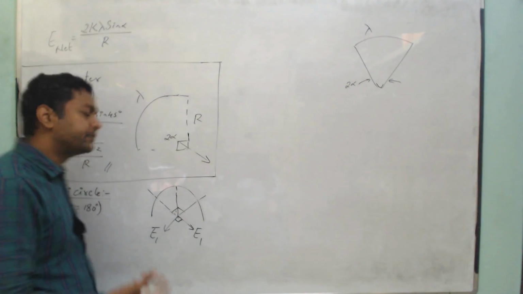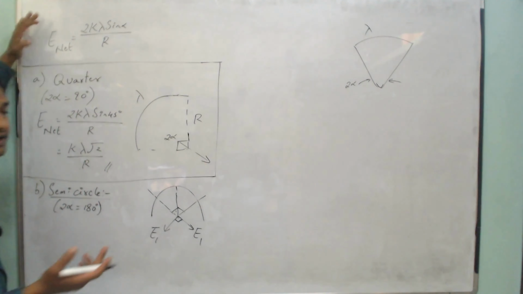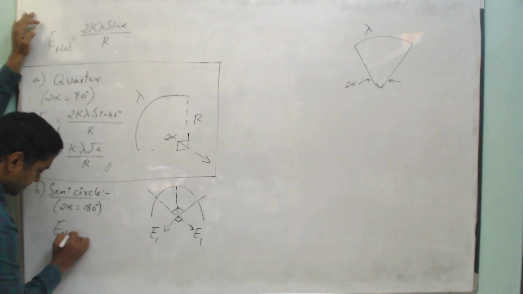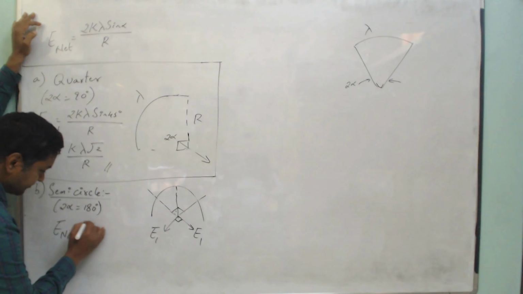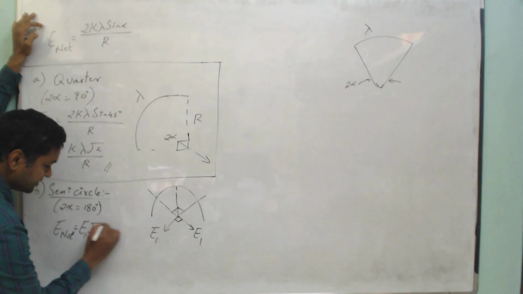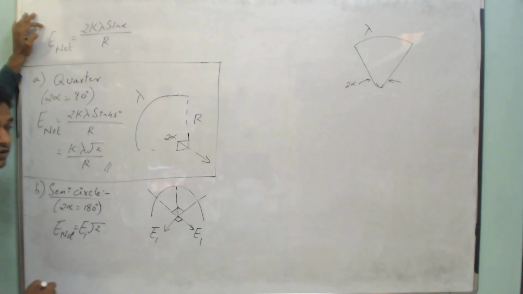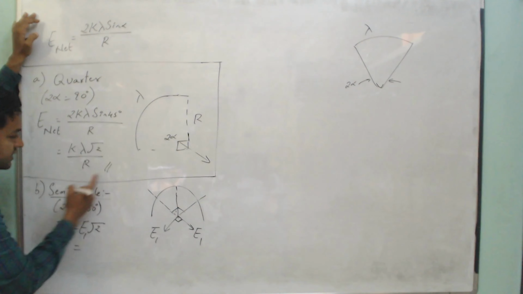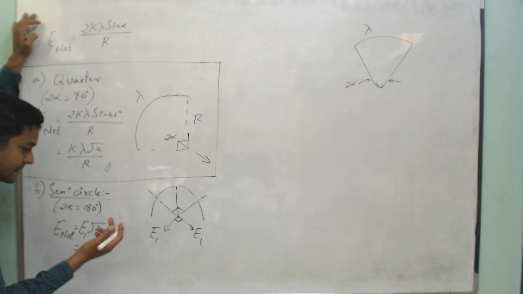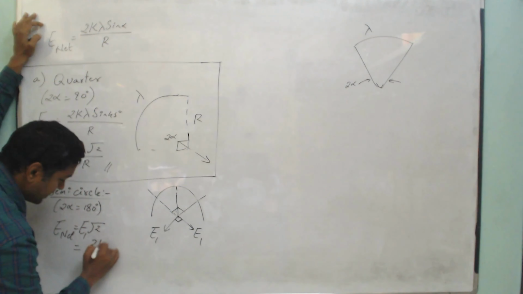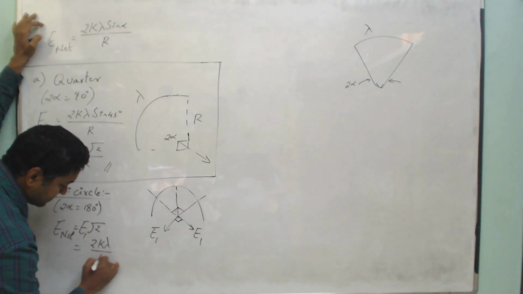So if each electric field is E1, then the resultant E net will be E1 root 2 in magnitude. And this E1 itself is k lambda root 2 by r. So root 2 into root 2 will become 2k lambda by r.